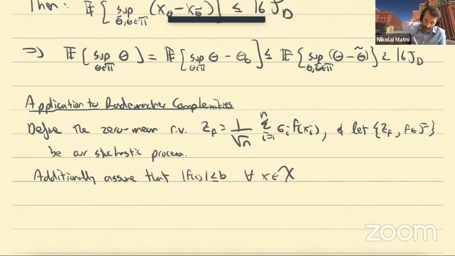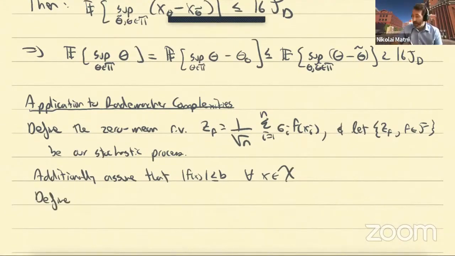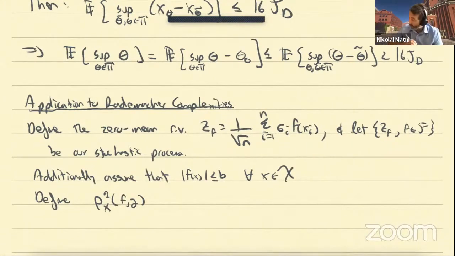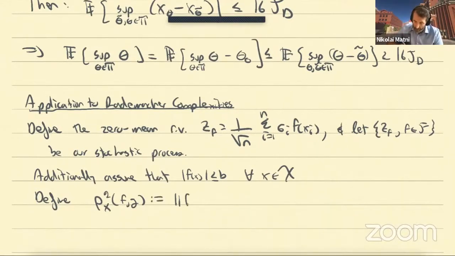And then we're going to define an empirical metric in the following way, where rho x squared of f and g, right? Because we need to define a metric on the function class F to apply Dudley's entropy inequality. And I'm going to define this as what I'm going to call the empirical norm squared.